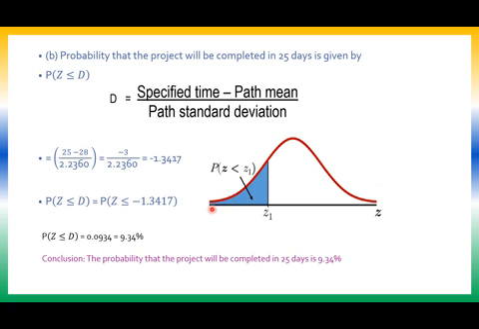So the curve is written where I mark a point behind 0. So the probability that I get is 9.34%. The conclusion is the probability that the project will be completed in 25 days is 9.34%. Hope you people have understood the concept.